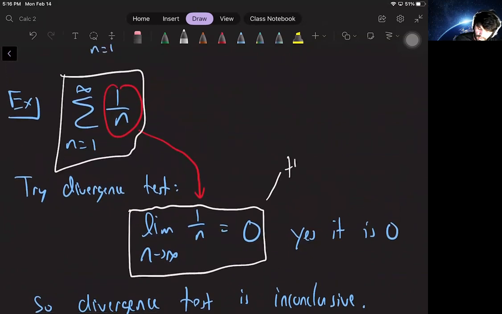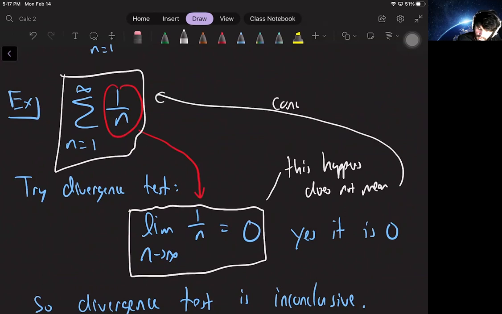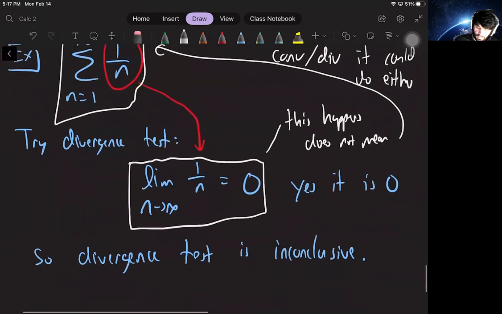This goes to 0 does not mean that this guy converges or anything. It could do either. You basically have to do something else. So you must try something else.